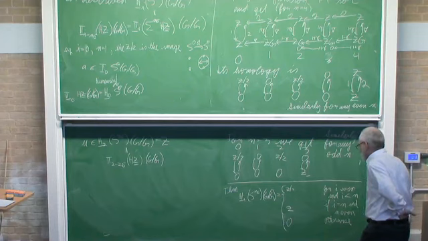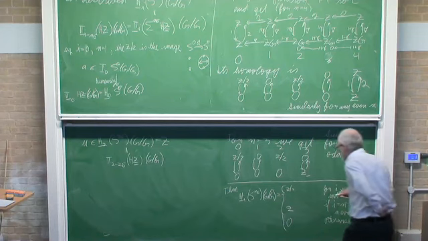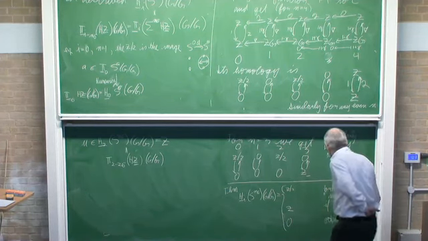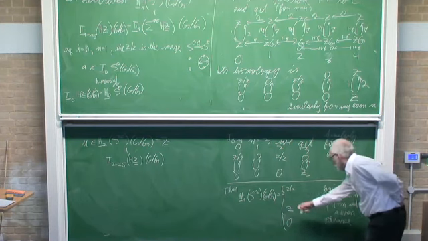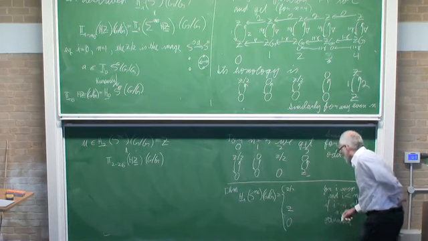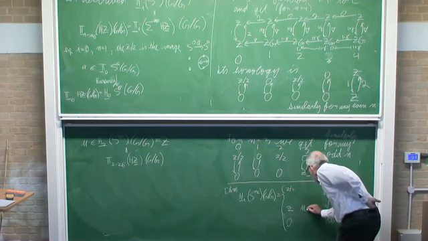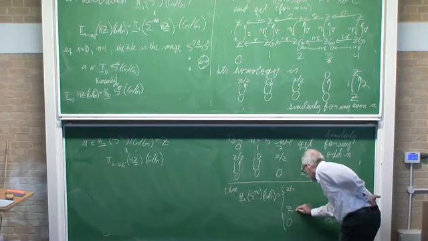And I'll see if I can do this. So for this one, n has to be even. So u to the n over 2 is the thing that generates this group.